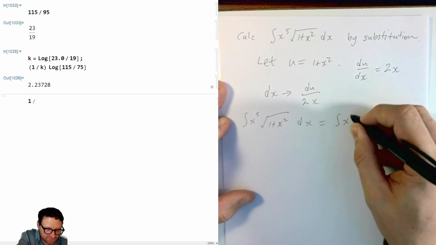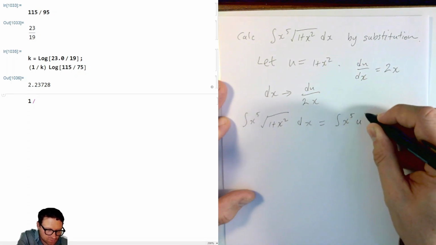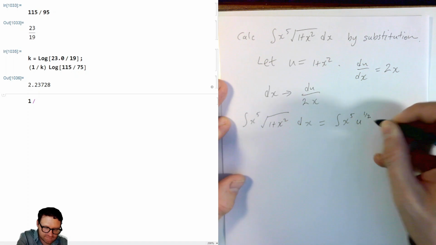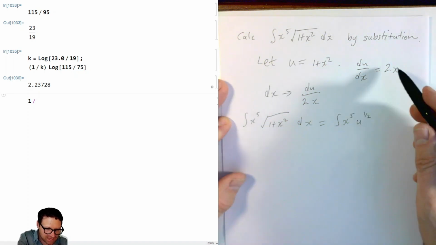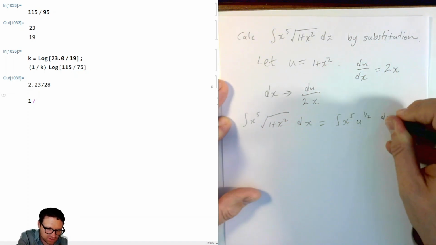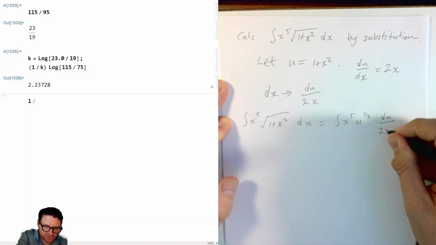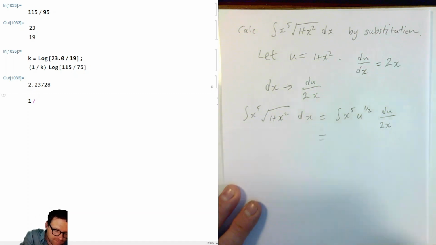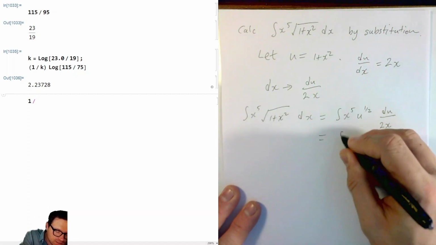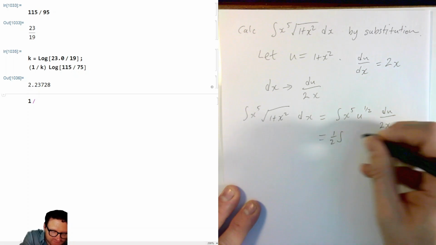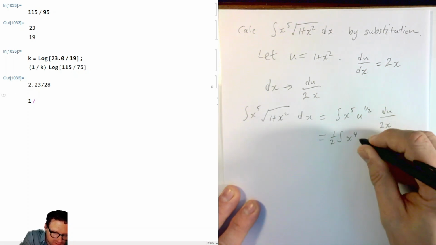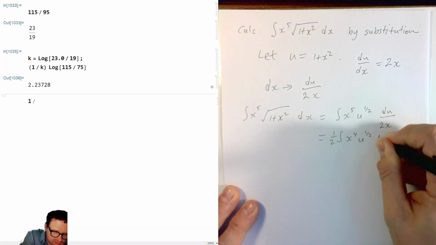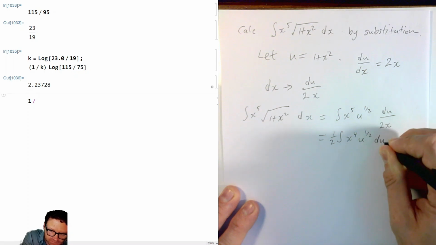So we've got x to the 5th, u to the half, replacing dx with du over 2x. Now that gives us half the integral of x to the fourth u to the 1/2 du.